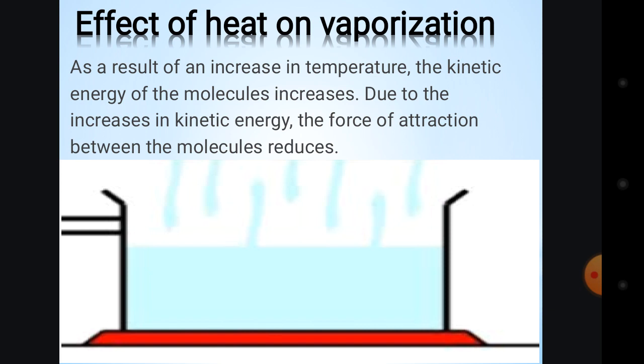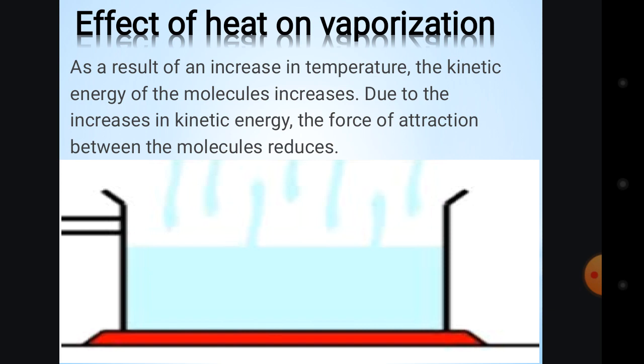So you see, just like in this example, the molecules are trying to escape, they are trying to go off. That increase in kinetic energy is a result of an increase in temperature, an increase in heat. That is why the force of attraction between the molecules will reduce.